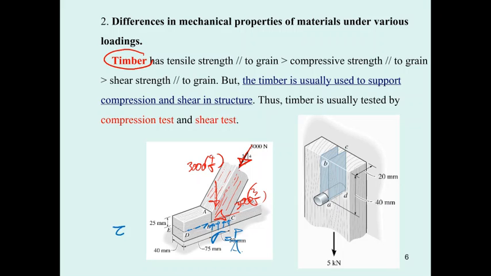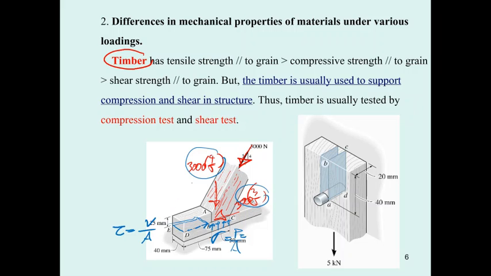This is going to be P over A, the force here divided by the area, and this one is going to be the force here divided by the area. That's what I'm sketching here. It's going to be V over A.